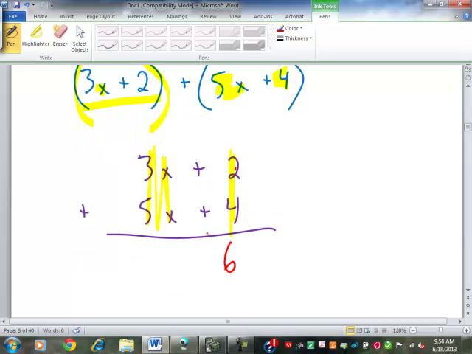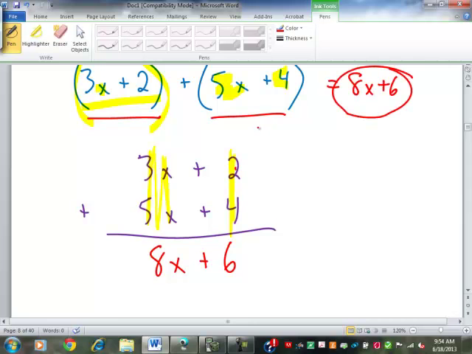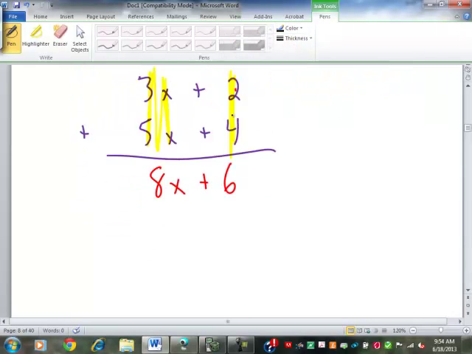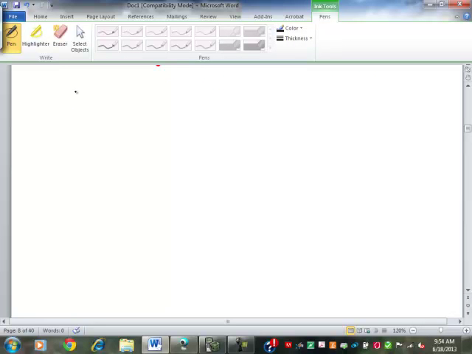Now it is a positive 6, so we put plus 6. 3x plus 5x is 8x. So 3x plus 2 plus 5x plus 4 is 8x plus 6. We can add a digit there.